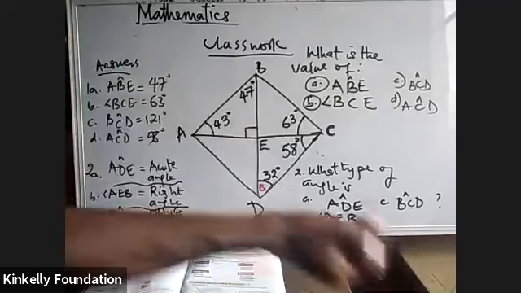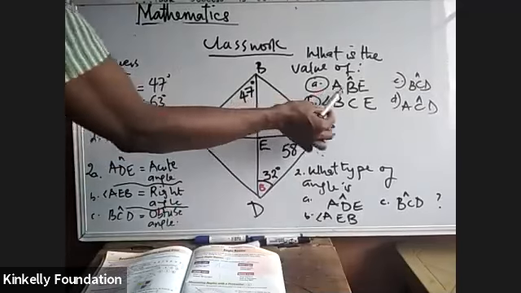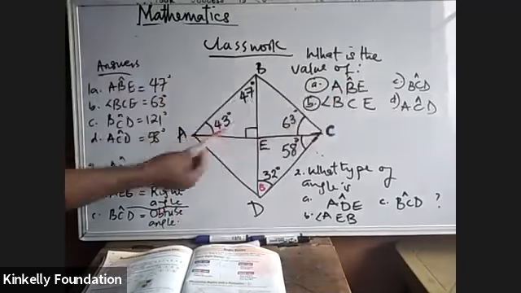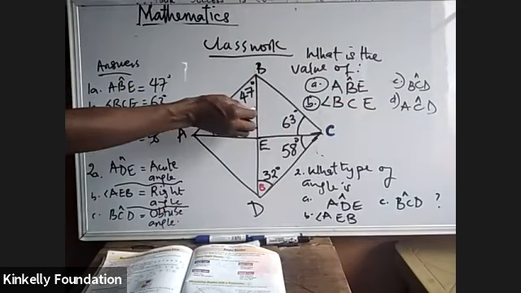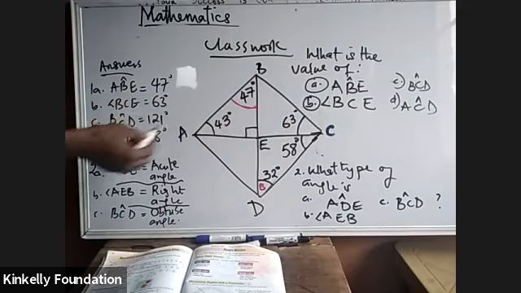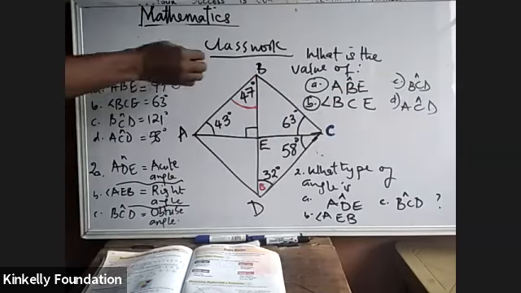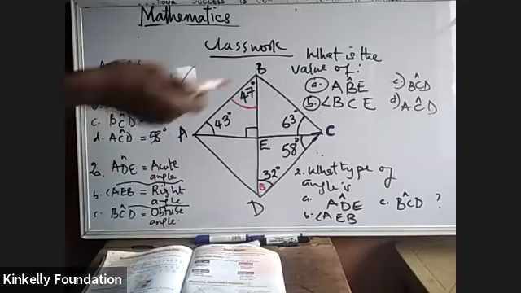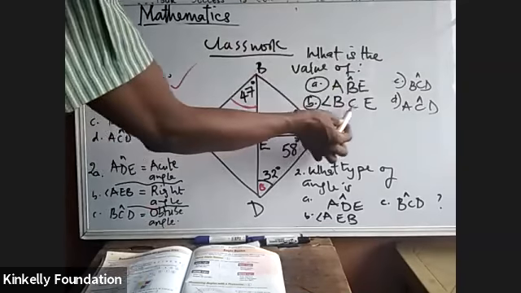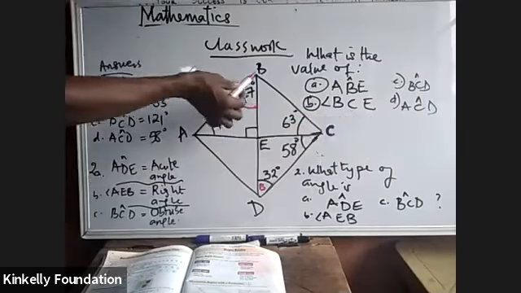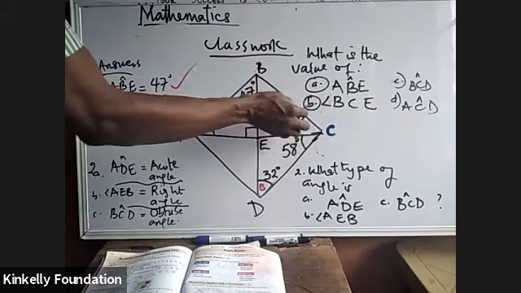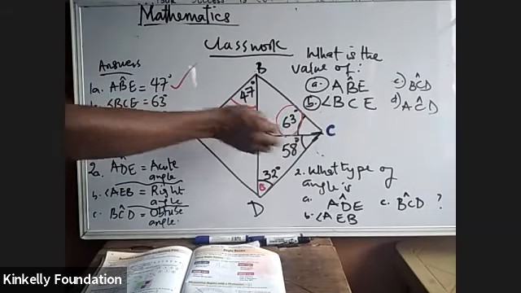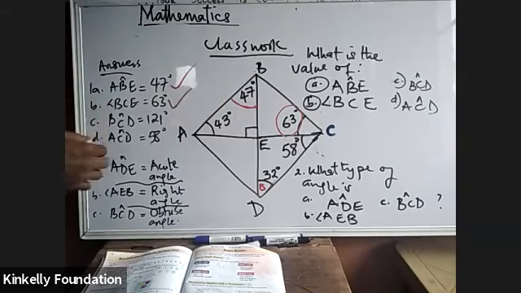Now the first one we say angle ABE. ABE is this angle, which is 47 degrees. Angle BCE. BCE is this angle here, which is 63 degrees.